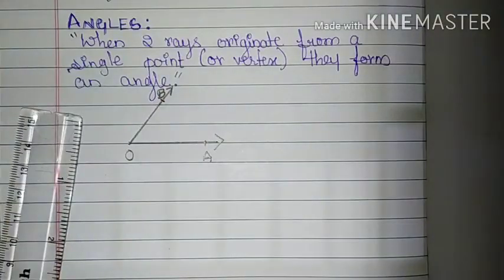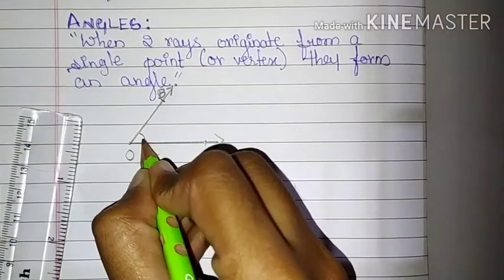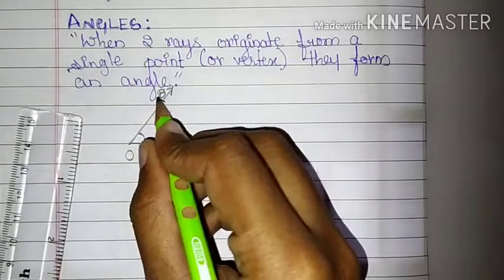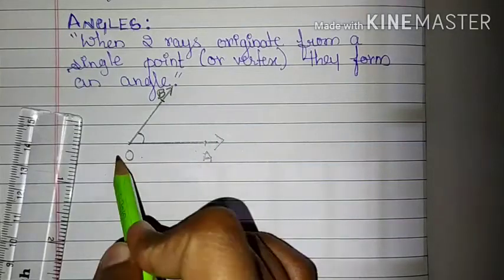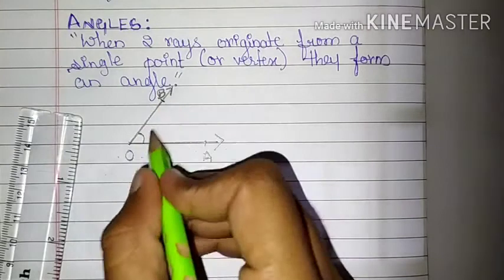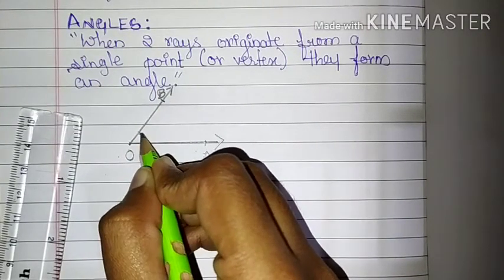So now here in between these two rays we get an angle. The two rays can be named anything, we are naming them OA and OB for our convenience. So when two rays originate from a single point, they form an angle.